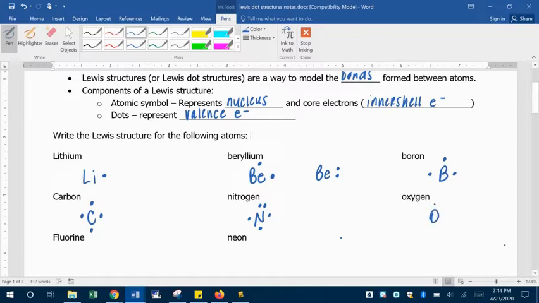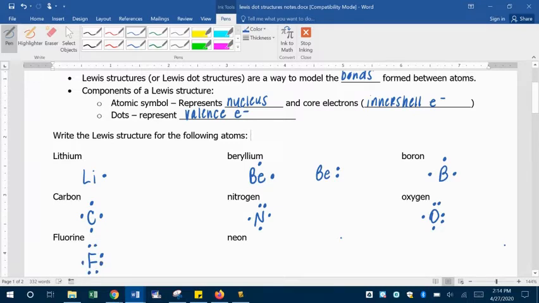Oxygen has 6. So we go 1, 2, 3, 4. Then the 5th and 6th have to be paired up. Then we have fluorine, symbol F, has 7. 1, 2, 3, 4, 5, 6, 7.